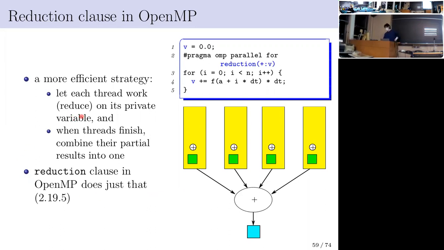The primary reason why it's more efficient than other things like atomic is that there's no communication between all these threads during the parallel section. Each thread just works on its private variable. Okay, so stick with it whenever it's applicable. That's the main takeaway.